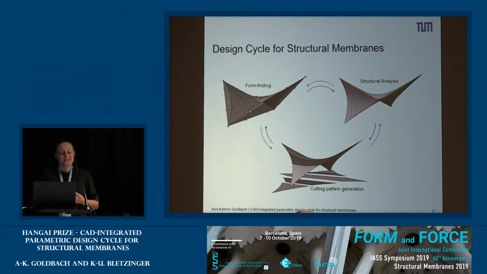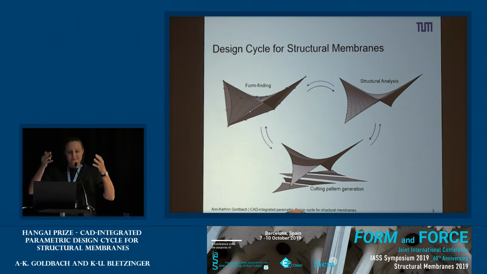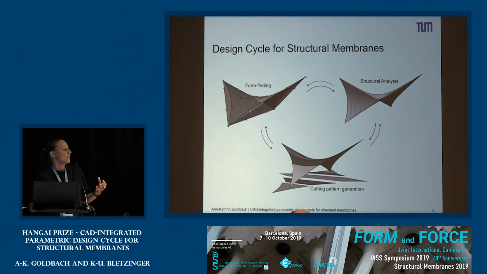And in order to get strength only through tensile forces, the membrane always needs to have a curvature, and mostly double curvature, which means that we can't just project the surface into the plane or develop it into the plane and then have our cutting pattern generation, but instead we need to perform an optimization, which again is a challenging task itself, to make sure that from flat stripes that meet manufacturing requirements, we can actually build up this 3D structure and also stay in the pre-stress settings that we wanted to have.